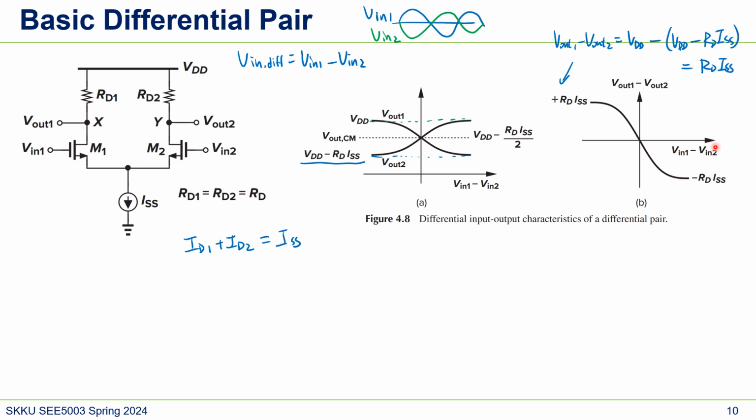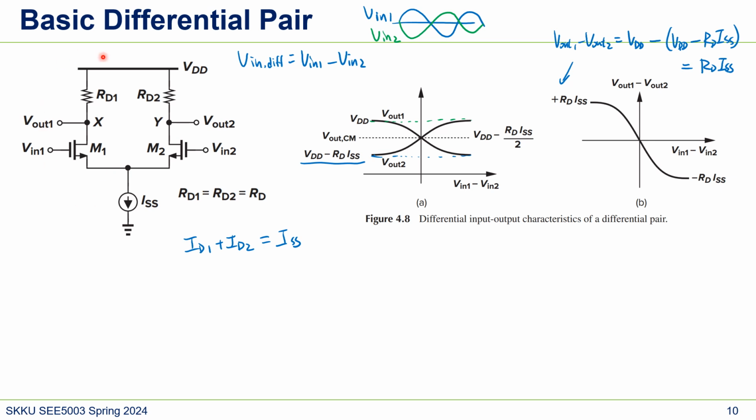And you can notice that if the input, so we assume that this is V in. So this is V in diff, right? As we said here, V in diff is V in 1 minus V in 2. So if V in diff is positive, what do you see? The V out becomes negative. So its polarity is negative. And that makes sense, right?